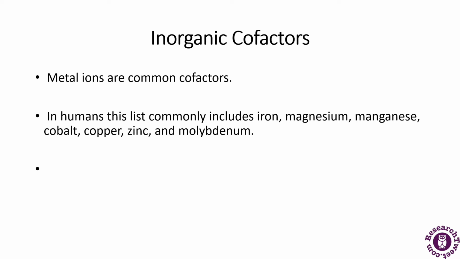Now the inorganic ones. The inorganic cofactors are generally metal ions, which are common cofactors. The study of these cofactors falls under the area of bioinorganic chemistry. In which field of study do they fall?